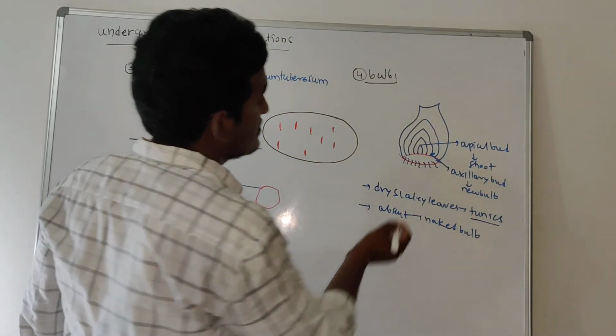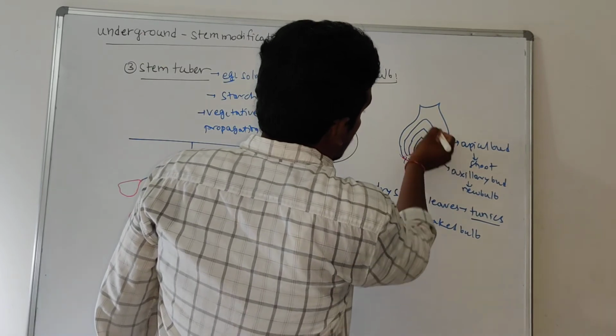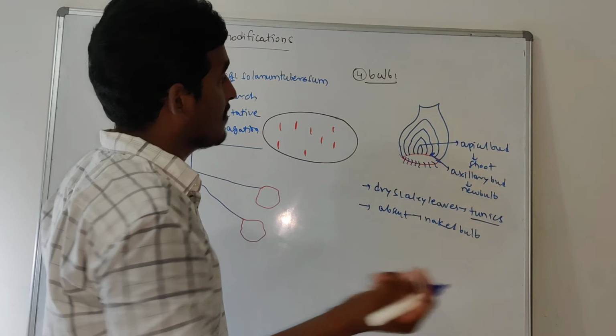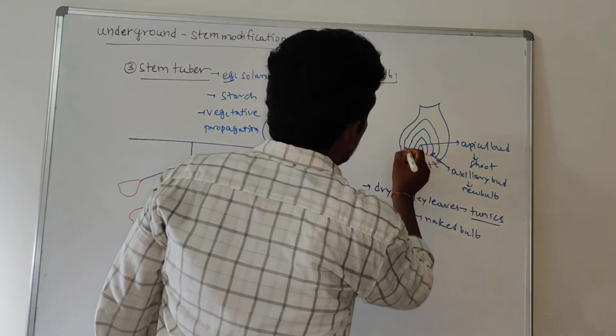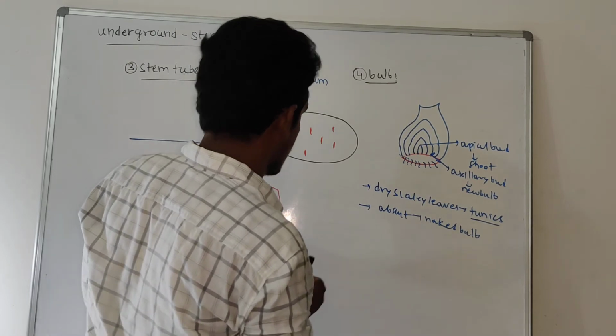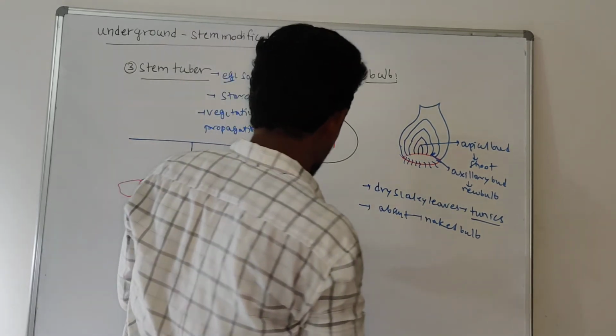Along with that, it has fleshy scale leaves, which we eat in an onion. What is the function of those fleshy scale leaves? They help in the storage of food.